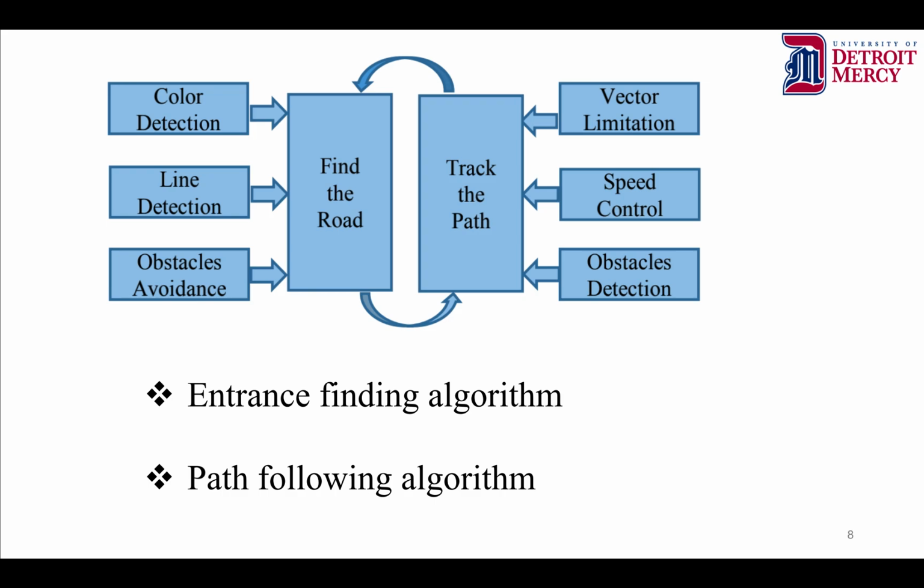For the path following algorithm, which is to track the path, you also have to do obstacle detection, because on the path you may have some obstacles. The most important thing is to follow this path, which in our algorithm is to limit the vector, meaning how far the robot is away from the road.